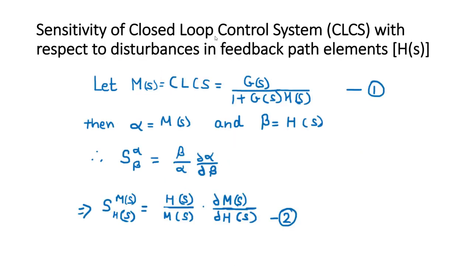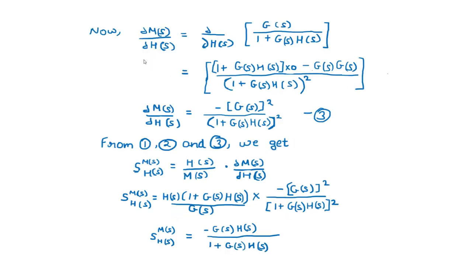Now we will again calculate the sensitivity of closed loop control system, but here with respect to disturbance in feedback path element HS. So here everything will be the same, only beta will be changed. So beta is here HS, and now we will calculate sensitivity of closed loop control system with respect to beta, which is HS. So first we will have here the partial differentiation of MS with respect to HS.